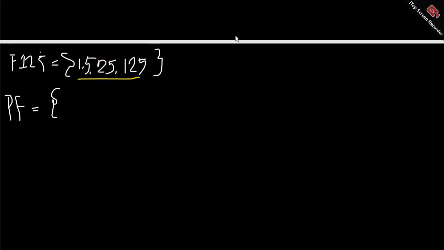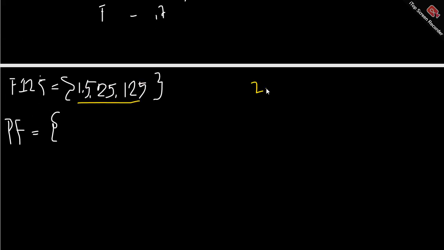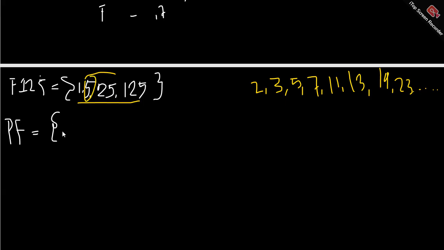Last time we said 2 is a prime number, 3 is a prime number, 5 is a prime number, 7 is a prime number, 11 is a prime number, 13 is a prime number, 19 is a prime number, 23 is a prime number, and it goes on and on. Now, from inside these factors, which of them are prime numbers? You can clearly see that only 5 is a prime number. So 5 is the prime factor of 125.